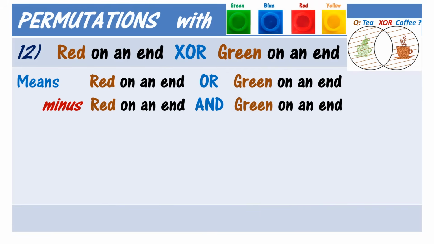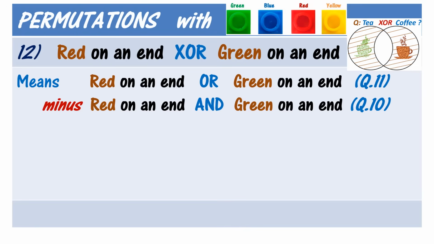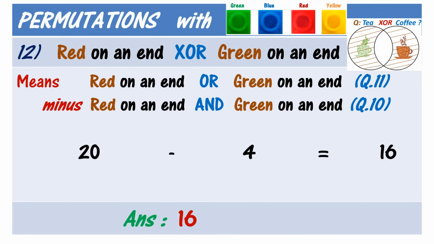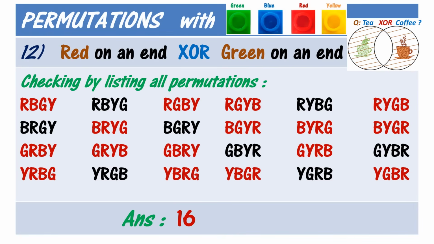We can use what we've previously worked out in questions 11 and 10, that 11 was red on an end or green on an end, and question 10 was red on an end and green on an end. If we subtract one from the other, we get 20 minus 4. The answer is 16. And there they are.